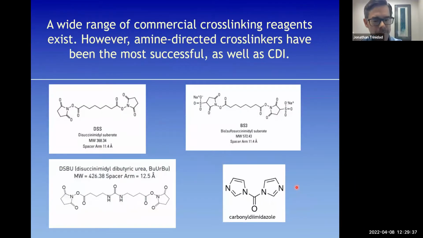So I'll talk a little bit about cross-linking first, and then get to post-translational modifications. Protein-protein cross-linking has a lot of obvious applications, in particular when you have a multi-protein complex and you want to be able to roughly map protein-protein interfaces.